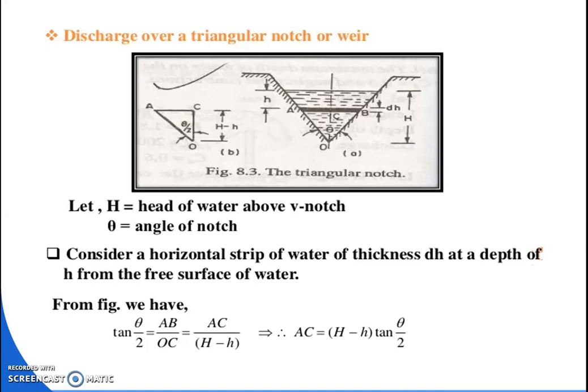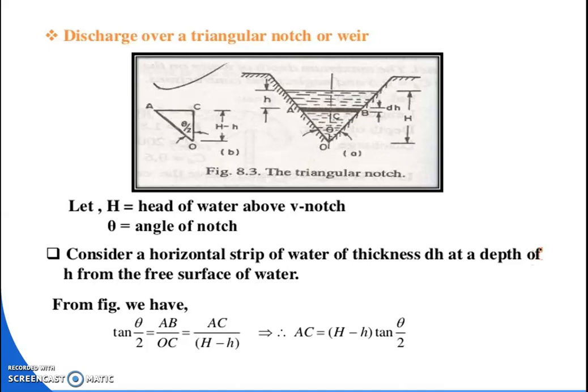Triangular notch means what? If the channels or any type of canal where we are going to find out the discharge, the output end is fitted with a V shape or a triangular opening, then that is known as your triangular notch. The surface over which the flow of liquid takes place is known as your triangular weir.